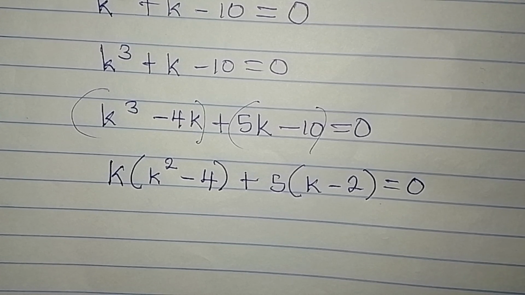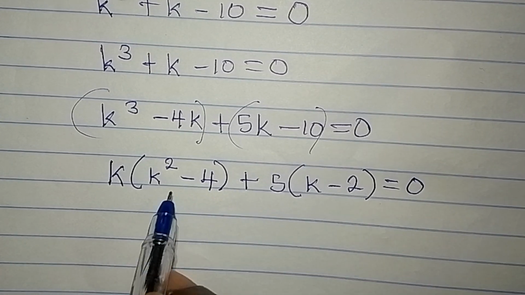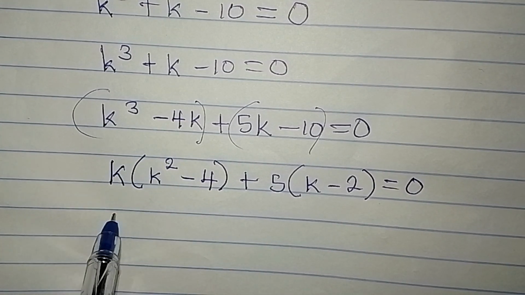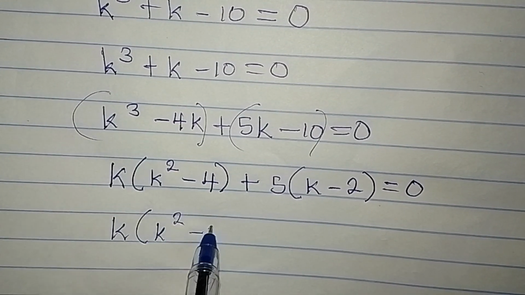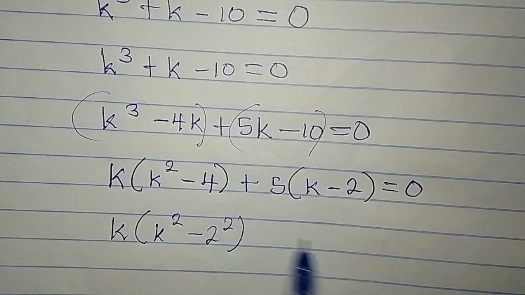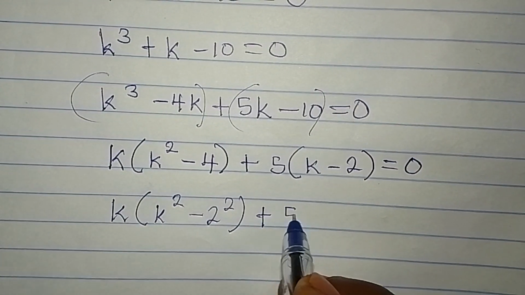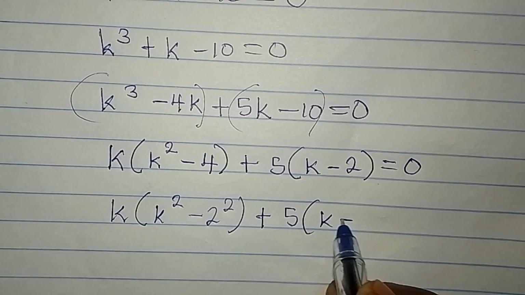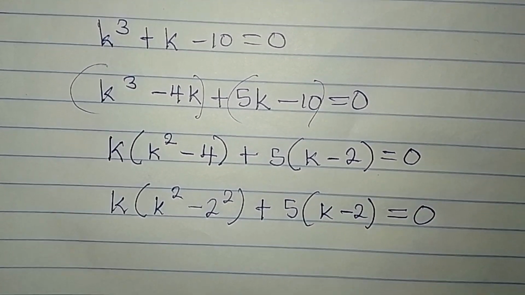Now, we don't have any common term, so we need to simplify this. So we have k into k squared minus 2 squared. Now we're having difference of two squares, plus 5 into k minus 2, and this is equal to 0.